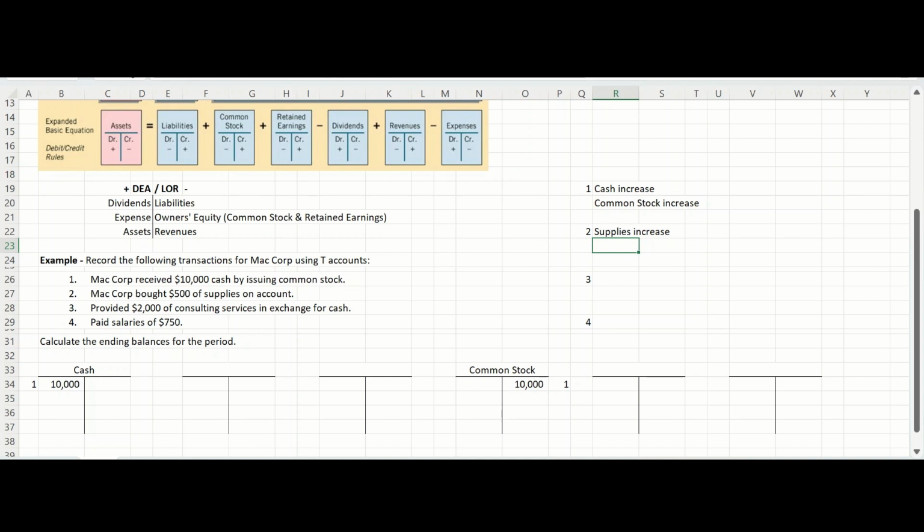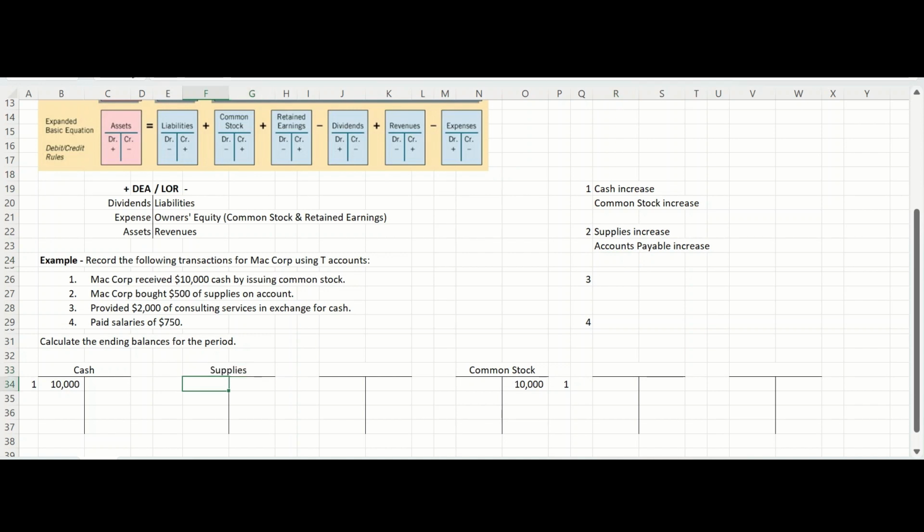Because of this, we will consider the accounts payable account. The company will pay for these in the future. There are no other accounts being affected.